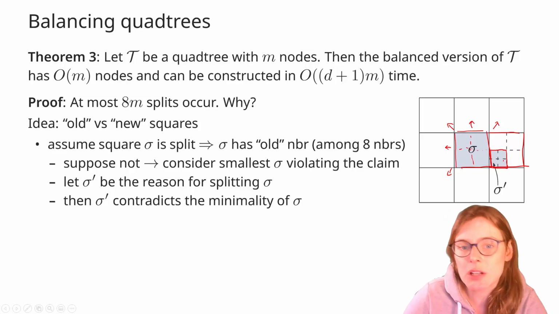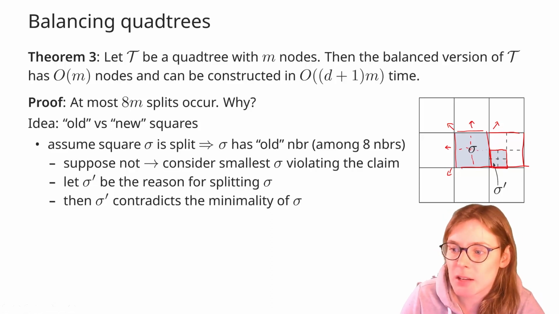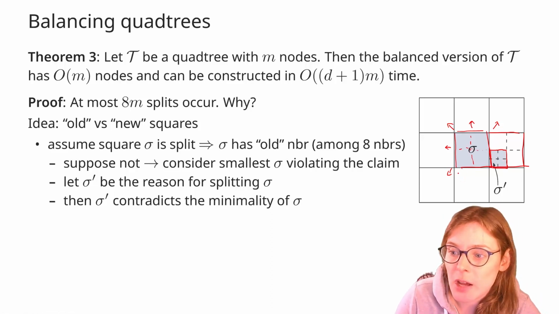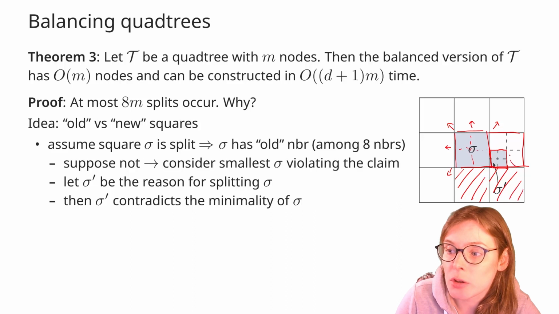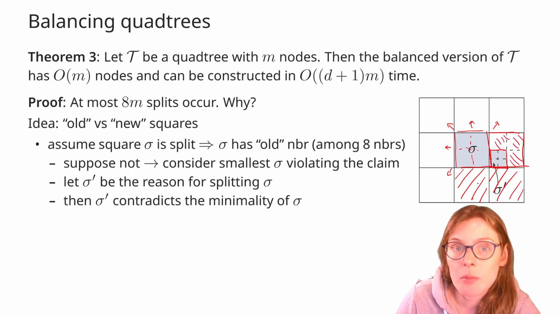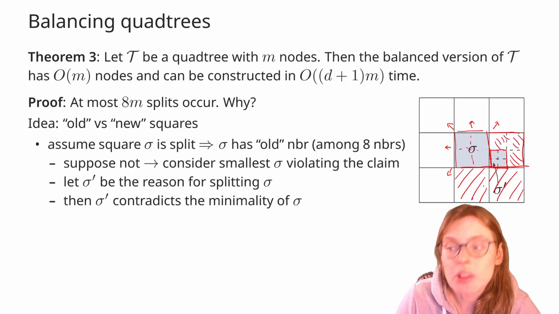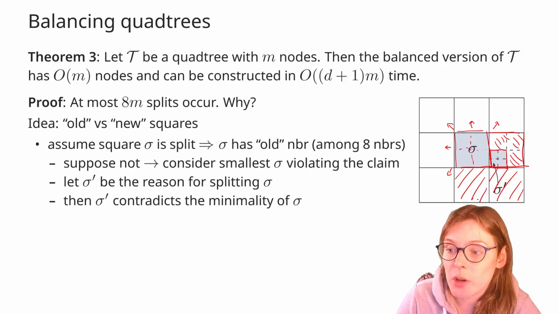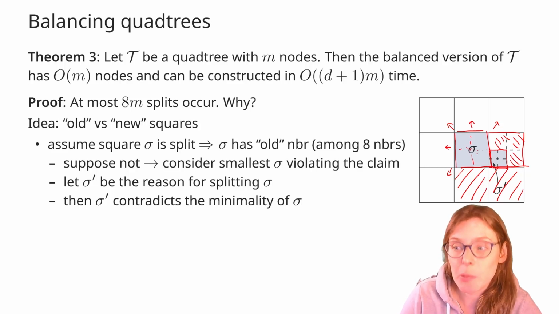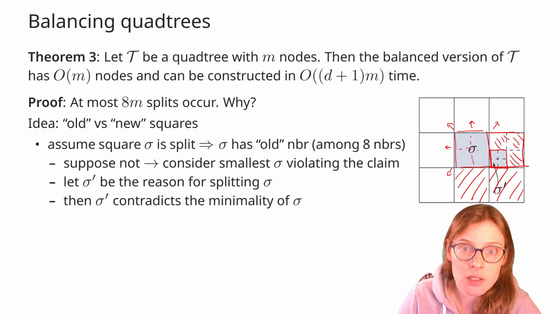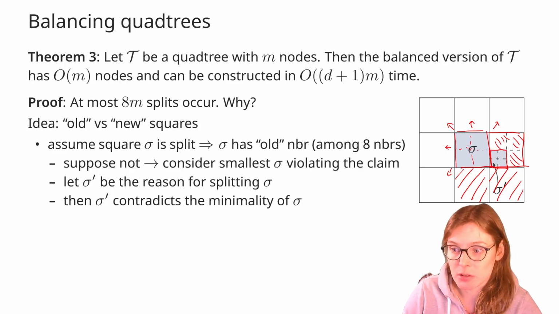All these squares appeared during the balancing process. And now observe that these squares surrounding sigma prime are all new because they are contained in the squares which are neighbors of sigma, and all these squares are new by assumption.